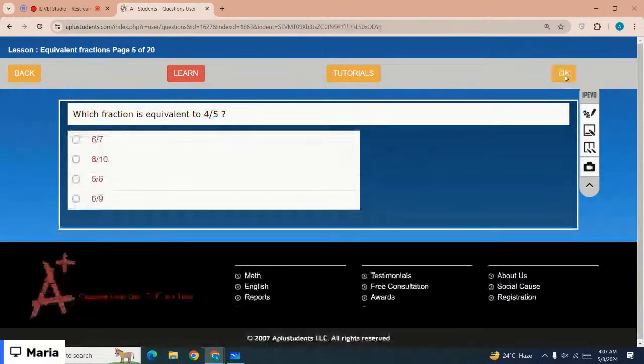Which fraction is equivalent to 4 by 5? Which is the correct option? That is 8 over 10, right? You have to multiply both numerator and denominator by the same number. So that is 8 over 10. The correct option is 8 over 10.